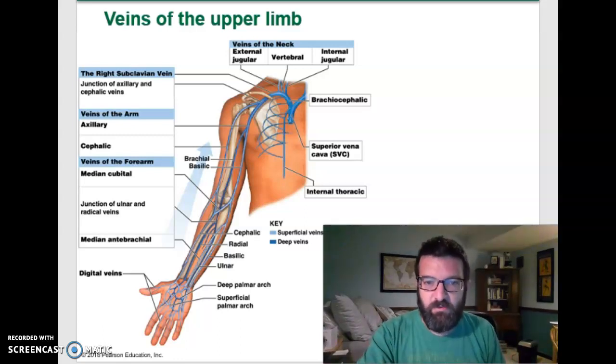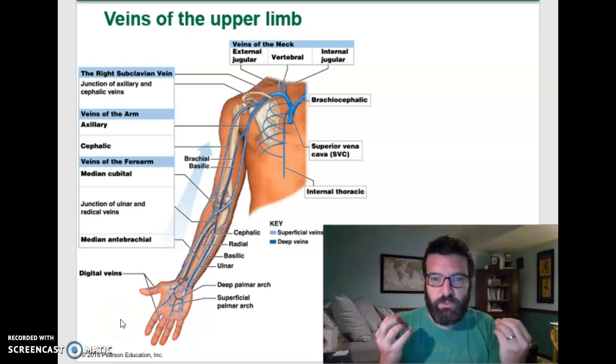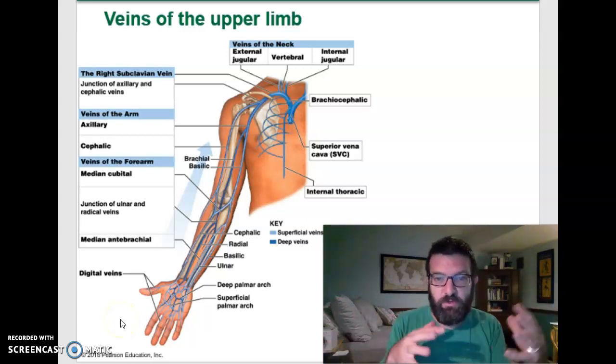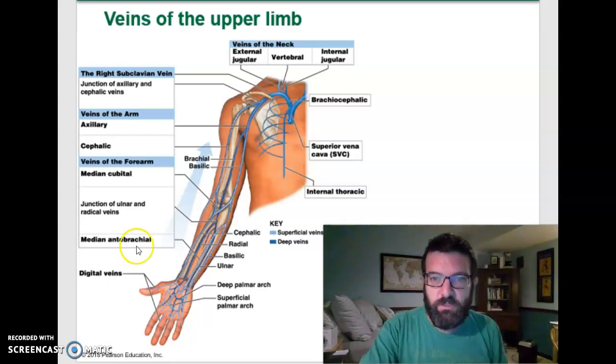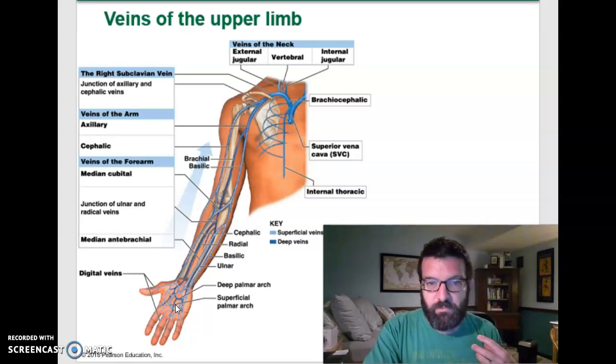Veins are going to bring blood back from your tissues through small veins that join together into larger and larger and larger veins till you reach the vena cava and the heart. So we have digital veins, and we have a palmar arch, both a deep and a superficial. In this particular image, the light blue are superficial, the dark blue are deep.